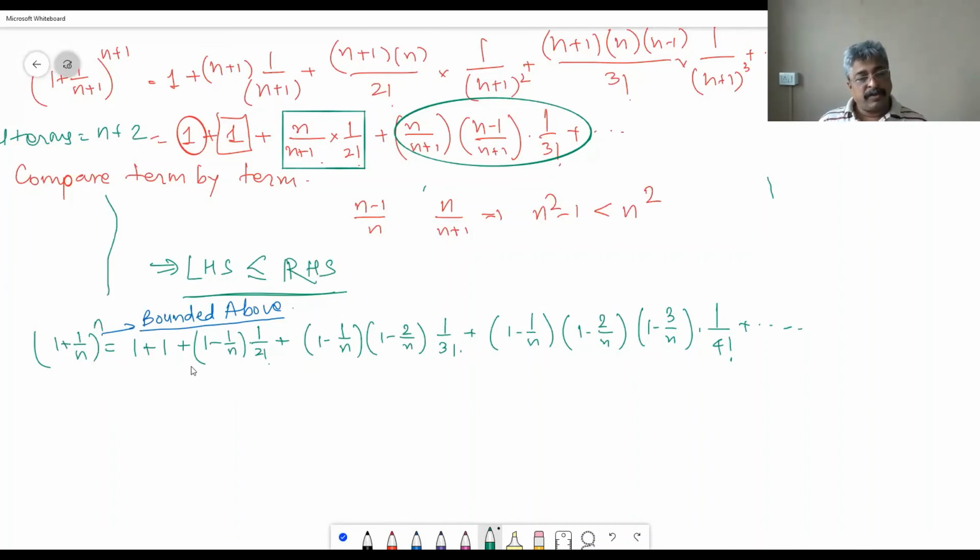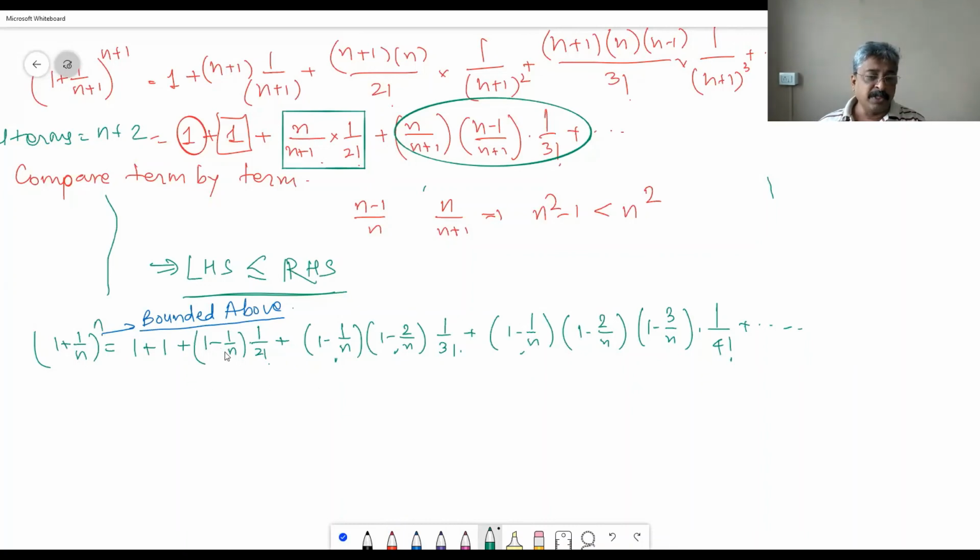So this sequence, n is going to be a natural number, therefore this quantity will definitely be less than 1. Every bracket that is being written here is going to be less than 1. Is that right?